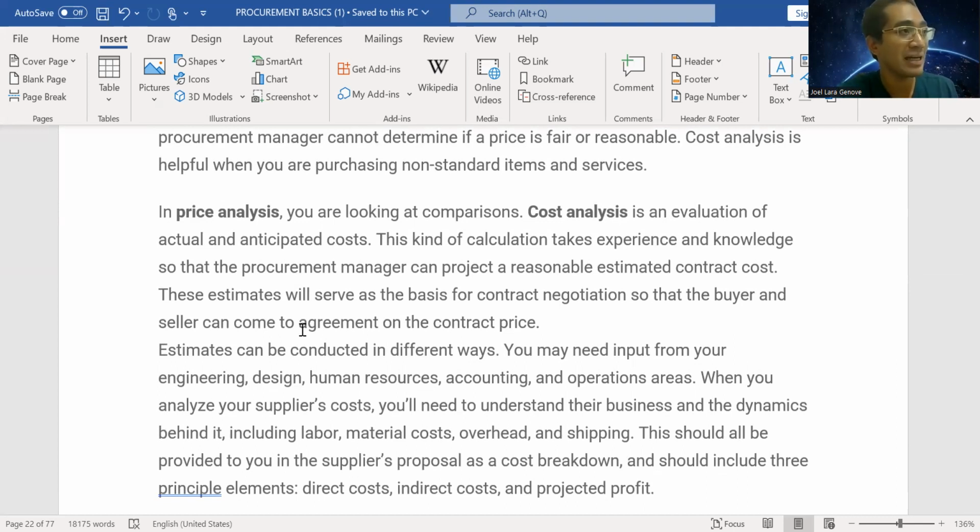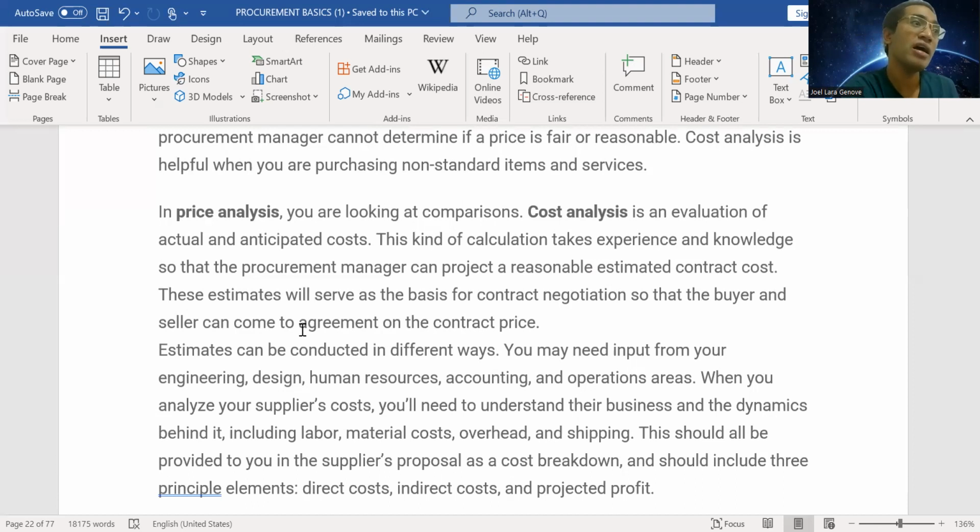Remember when I was talking about my example earlier? When you have to purchase procurement for your company, you choose between two items. Earlier, I told you about choosing between an Apple or an Acer brand. Price-wise, maybe Acer is more affordable, while Apple is a brand you wanted but is more expensive.